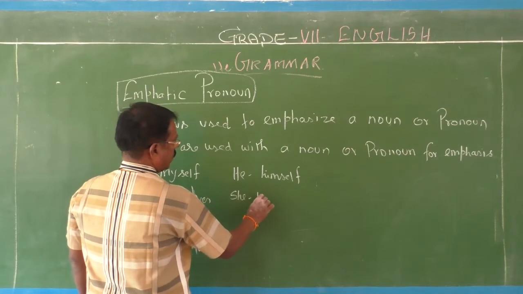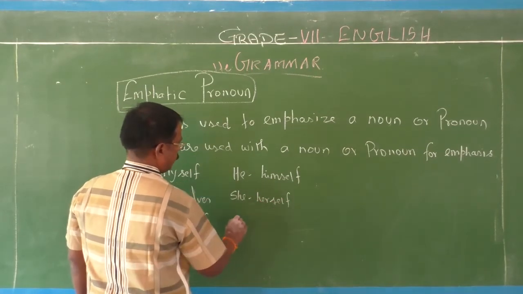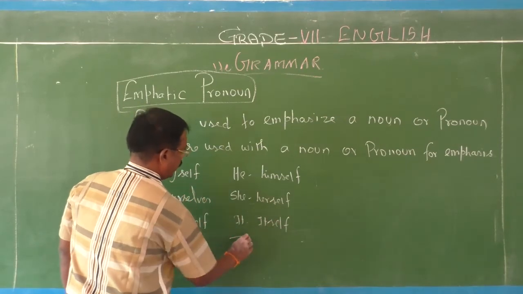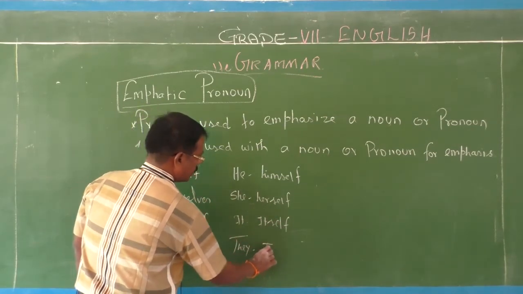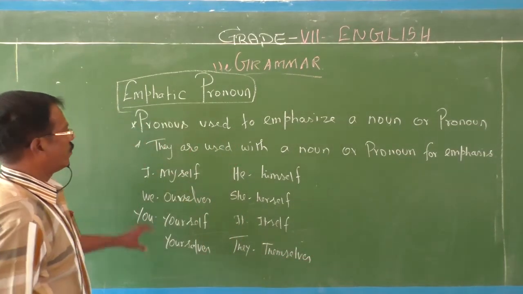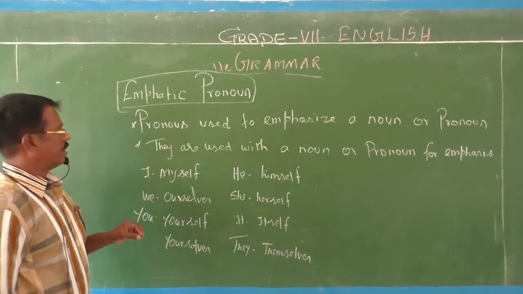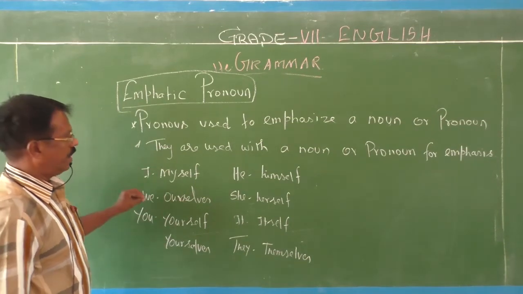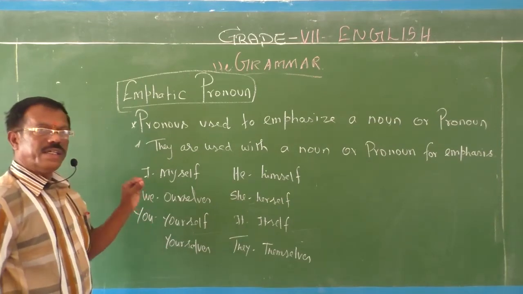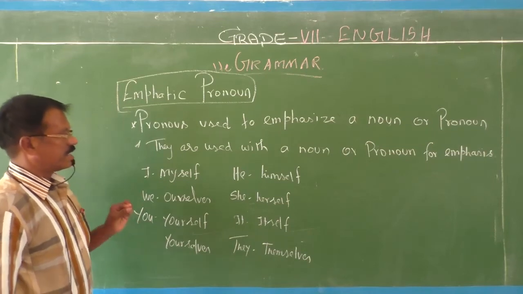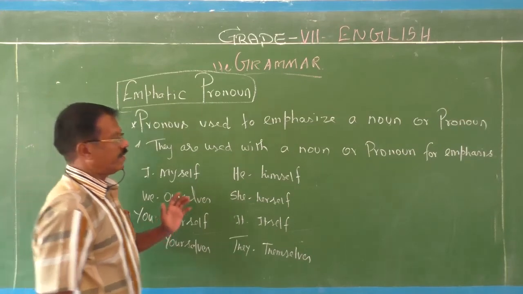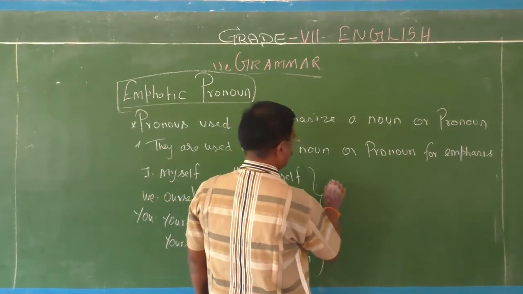She, herself. It, itself. They, themselves. Okay. So these are all the forms of emphatic pronouns. I will give you some examples to understand this concept.